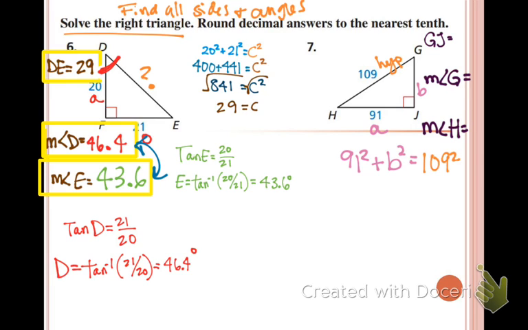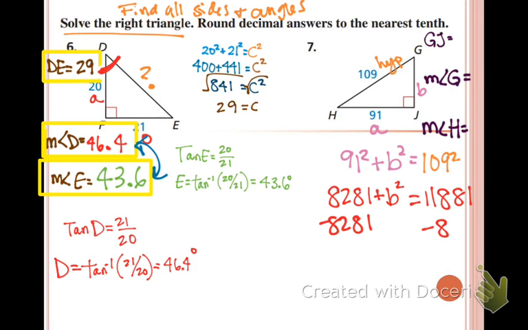What is 91 squared? 8281 plus B squared equals 109 squared, it's 11 something. 11,881. Subtract 8281. What do we get? Pretty sure it's 3,600.